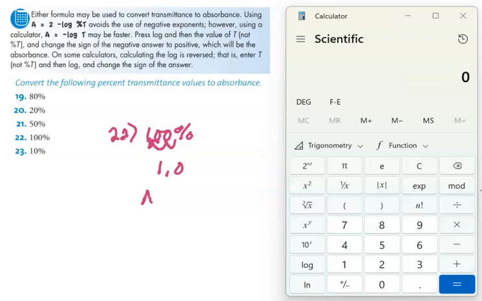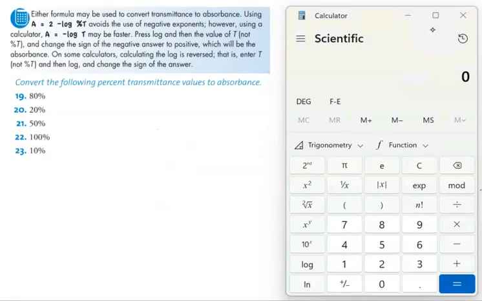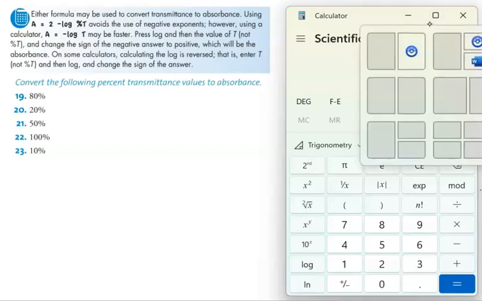When we plug that into our formula, A equals negative log 1.0. Now we can plug it into our calculator. Plugging in 1.0 for our transmittance and hitting the log key, the answer is 0 for absorbance.